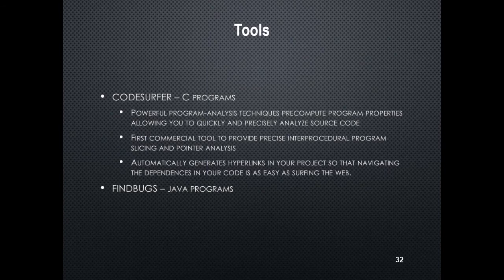So some of the tools that I've been talking about here, you heard me mention FindBugs at the beginning of the program. CodeSurfer is another version for C programs. It's a pretty powerful program analysis tool. It pre-computes program properties, and allows quick and precise analysis of the source code. This is one of the first commercial tools to actually provide precise interprocedural program slicing, as well as pointer analysis.